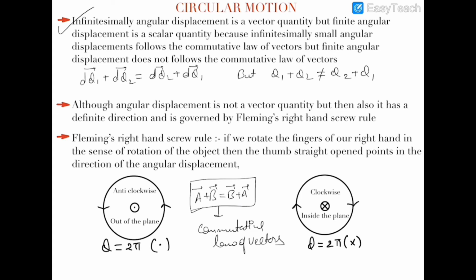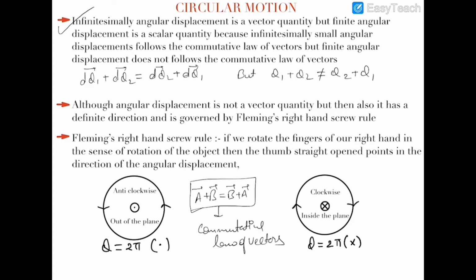So this is Fleming's right hand screw rule: if you curl your fingers along the circular sense of the motion, then the thumb which is straight opened will be pointing towards the angular quantity, which is either angular displacement, angular velocity, or angular acceleration.